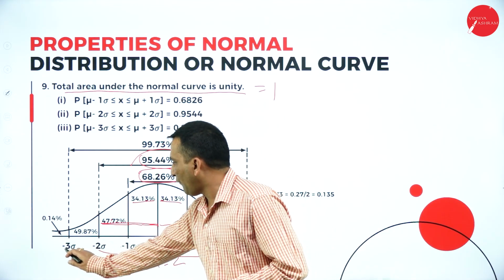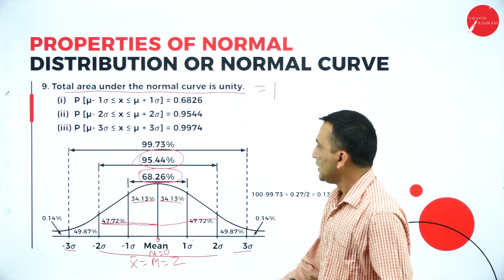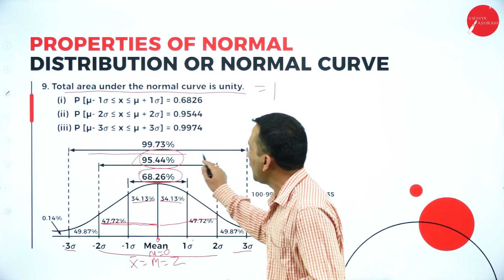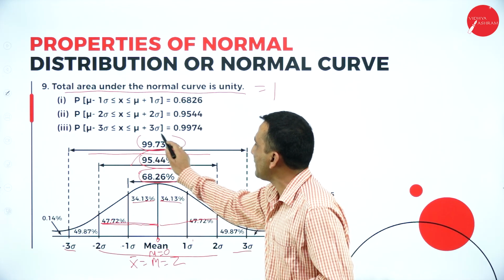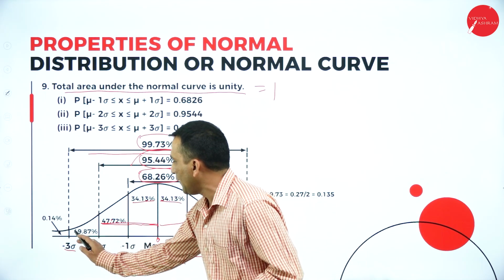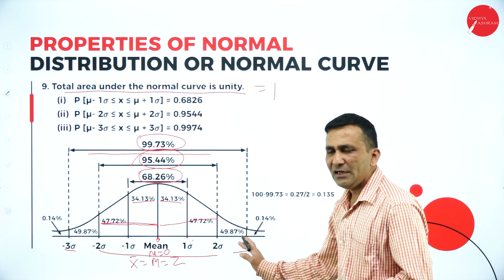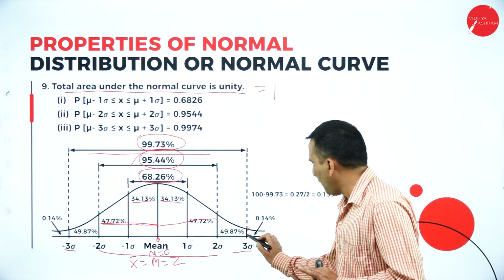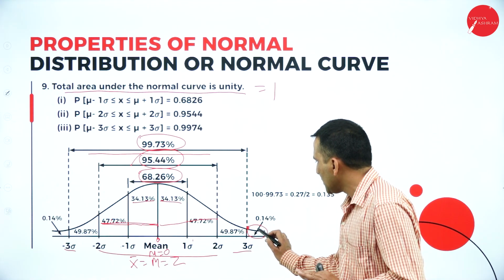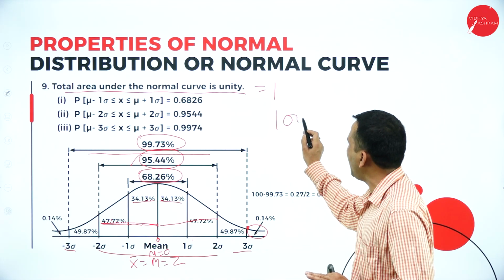For minus 3 to plus 3 standard deviations, the total area occupied is around 99.73%. Divided by 2, we get 49.87% on the left side and 49.87% on the right side. Now how do we get the remaining area? Always assume the total is 100%.